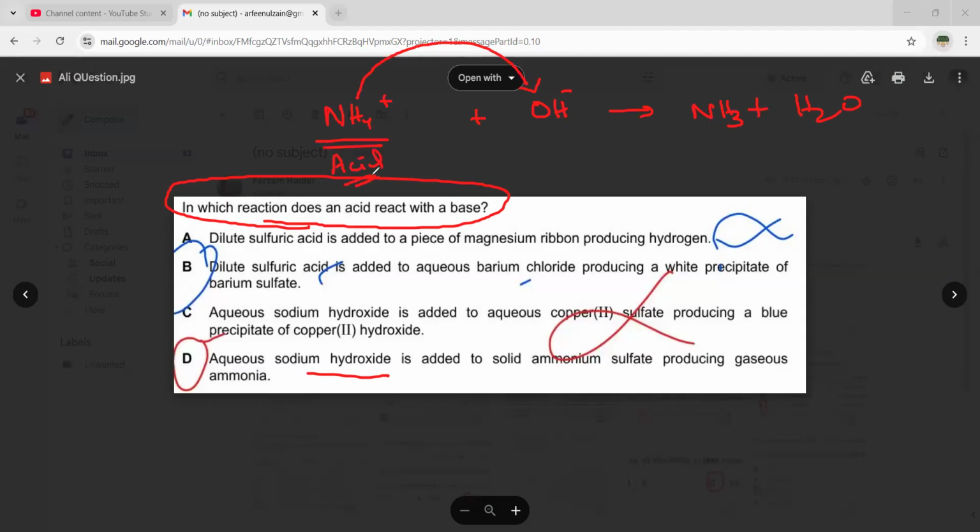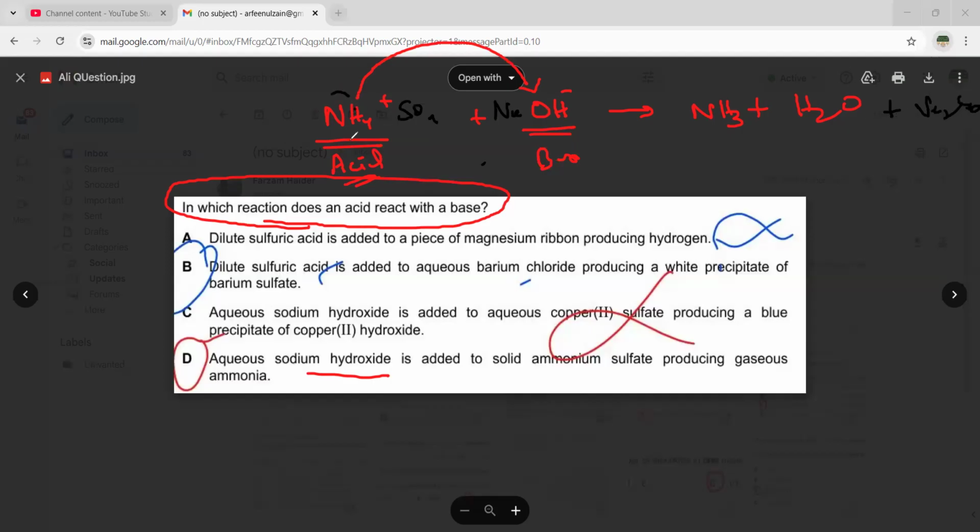With NaOH and ammonium sulfate, the ammonium ion donates a proton to the hydroxide ion to produce ammonia gas, water, and a salt, sodium sulfate, as well.